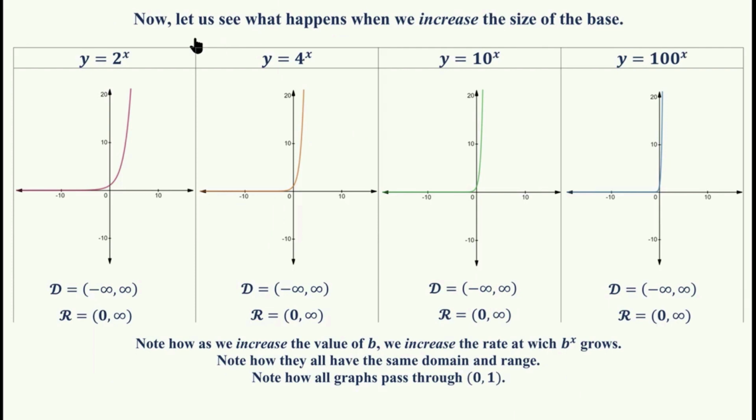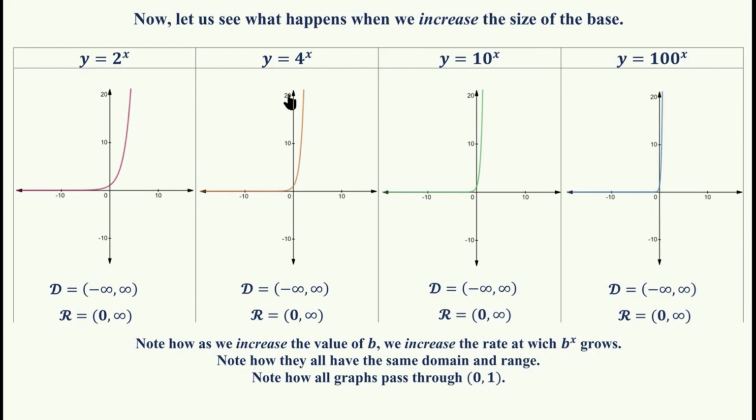Now let's take a look at what happens if we increase the value of b. See, we're going from 2 to 4 to 10 to 100. Notice what happens basically is that the growth becomes faster and faster. However, interestingly, notice the domains will all be the same, the set of all real numbers.